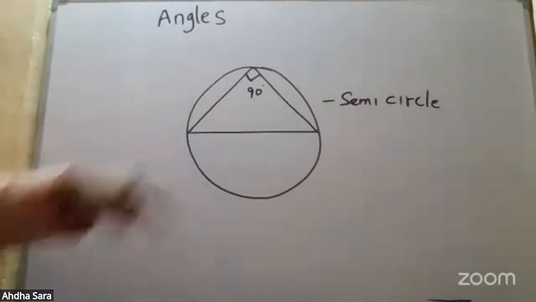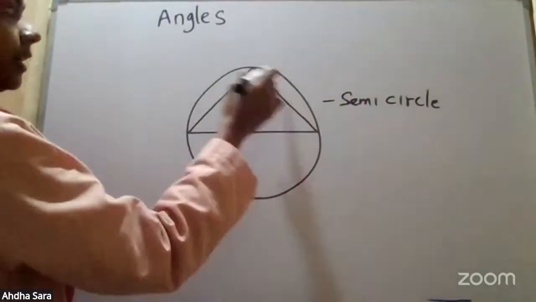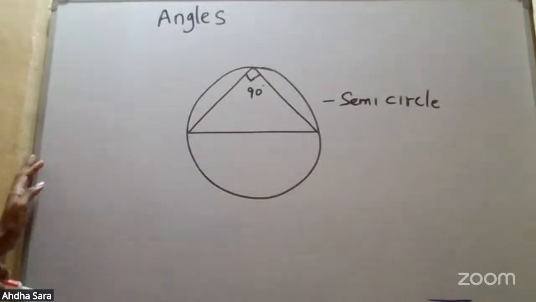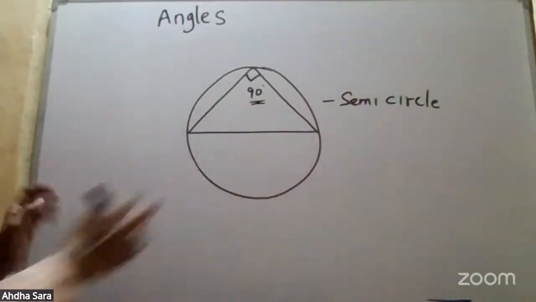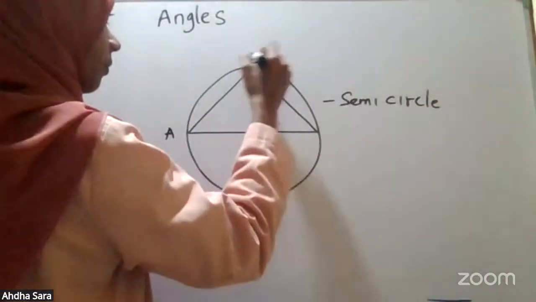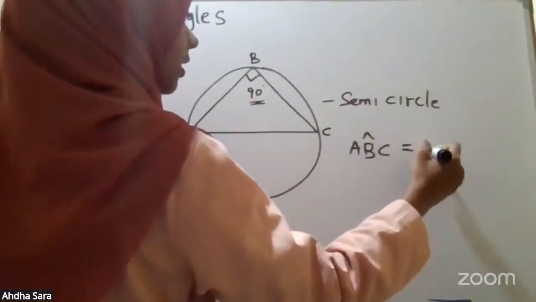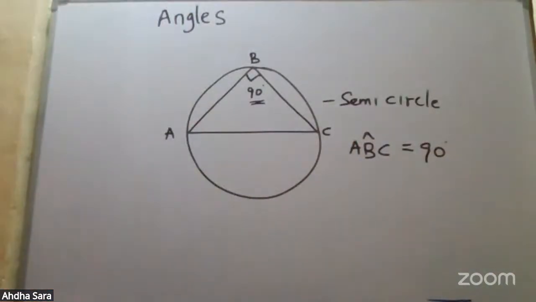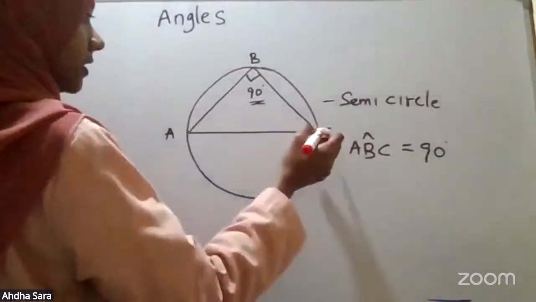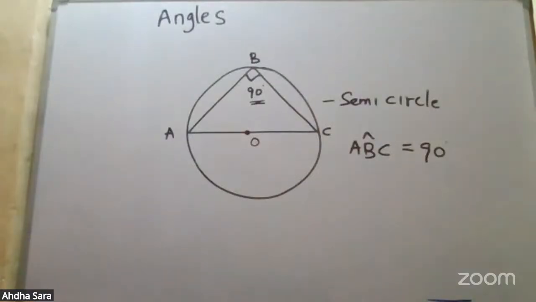This angle will be a right angle. So the angle subtended in a semicircle will be a right angle. Angle ABC will be 90 degrees. This comes only when the line AC passes through center O.